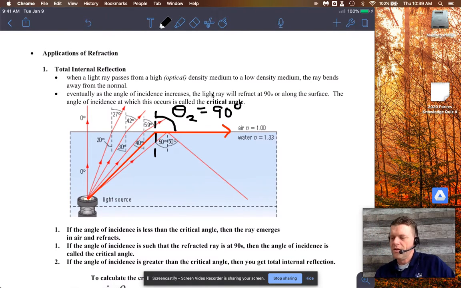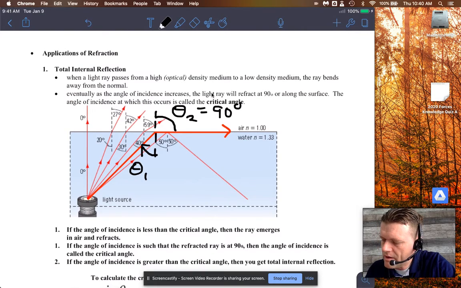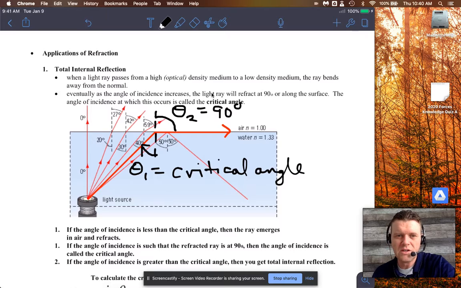Now, what's important about this is this incident angle right there, theta 1. This one is called the critical angle, because if you go past that, as you can see in the second example, it went to 50 degrees and just went bing, bing, and reflected into the water.